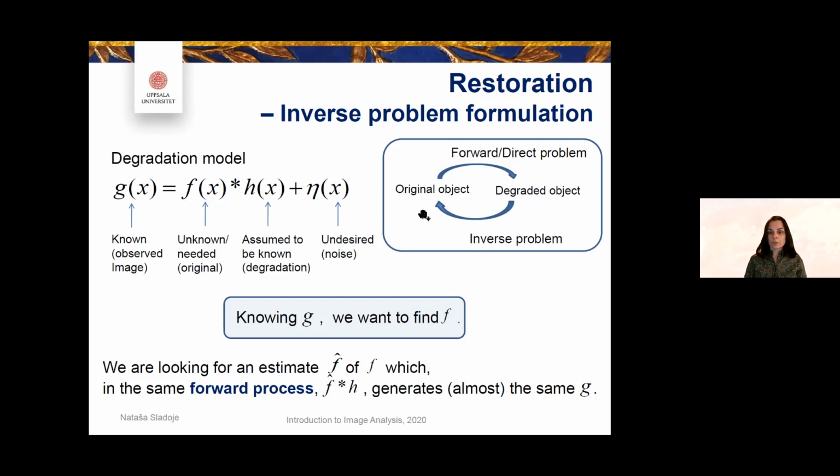So inverse problem here means that knowing the result, we would like to recover the input. Of course, we are again talking only about estimates. So we are estimating the input, and in most of the realistic cases, we will not know if we reached the original image, because if we knew the original image and could compare with it, we would probably not go through the restoration at all.